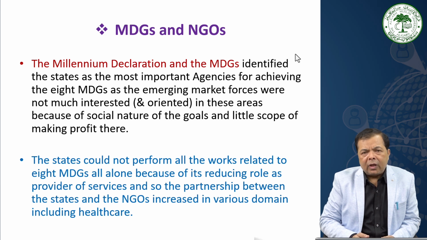So, the MDGs, because of the simultaneously ongoing processes of privatization and globalization, created a space for the functioning of non-government organizations, because these NGOs were very helpful and instrumental for the government to serve what it wanted to serve, whether related to education, poverty reduction, or healthcare provisions. All these things were happening simultaneously.